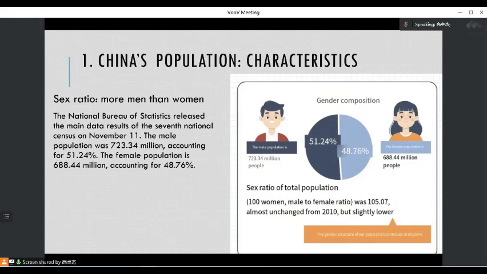I watched a video. In that video, some countries have more women than men, just like Russia. You can marry a Chinese girl.